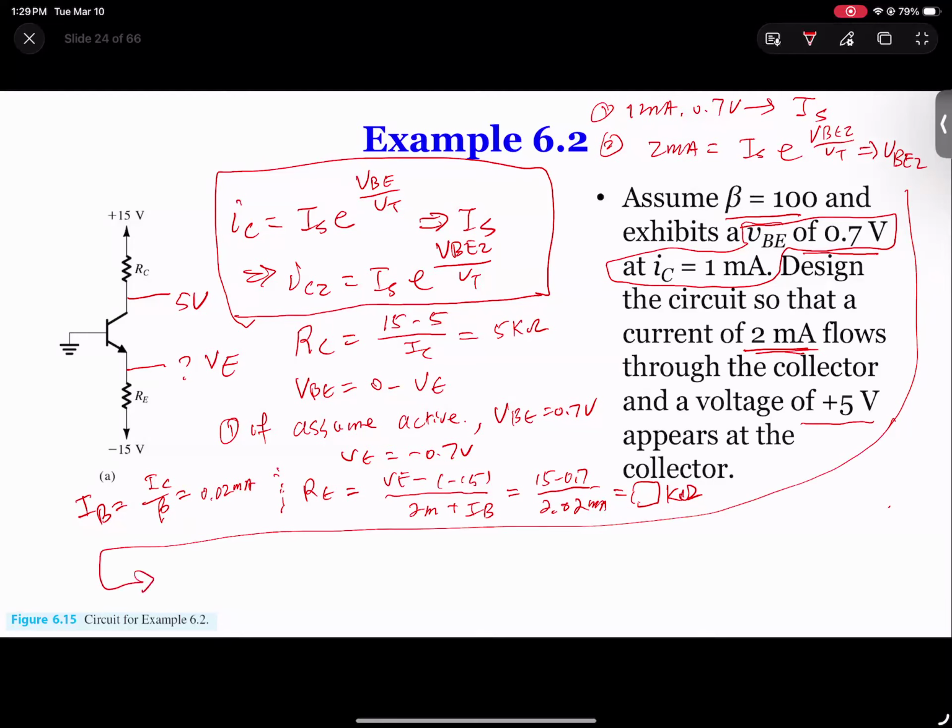So now you find VBE2. VBE2 equals 0 minus VE, right? Which means VE equals 0 minus VBE2. You find this VBE2 is slightly over 0.7. 1 milliamp would have been 0.7 volts, but since it's 2 milliamps, it's a little bit more.